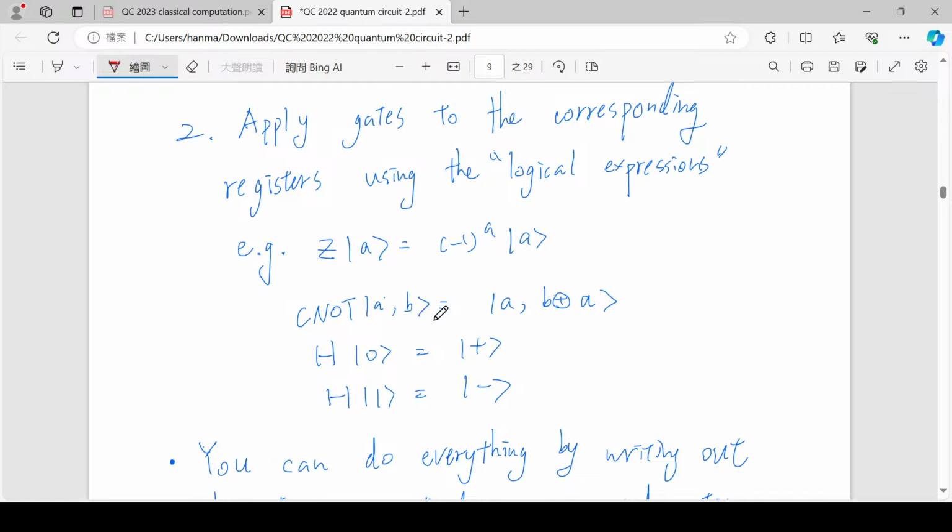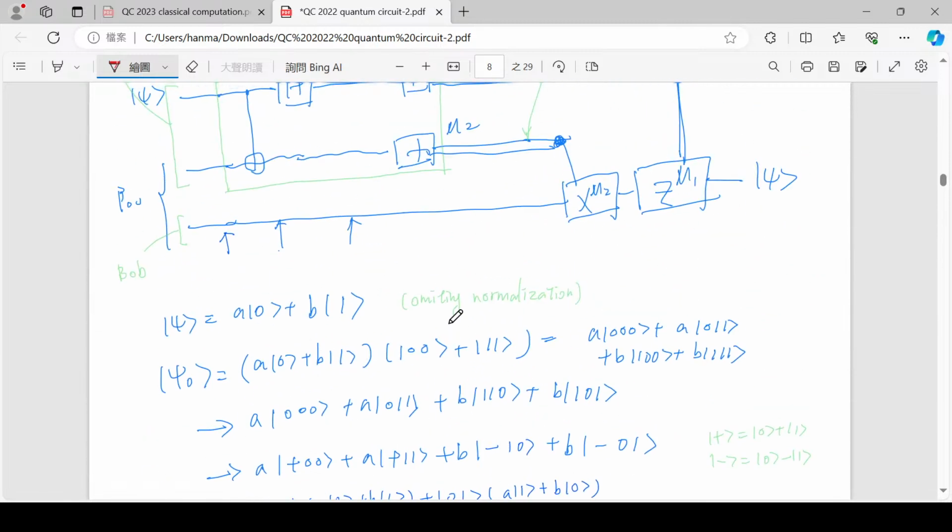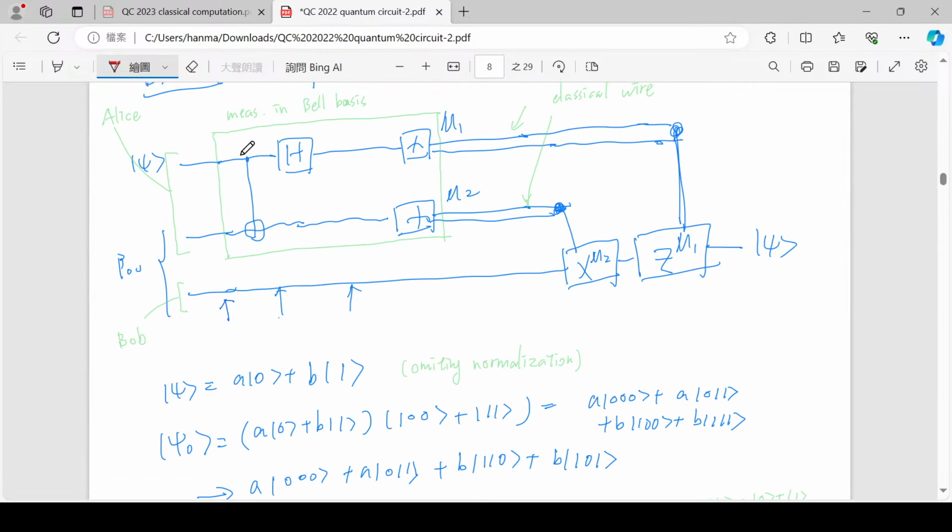I guess the C notation is actually a little ambiguous, because we didn't really say which is target and which is control. But in a circuit it's clear because we have the control and the target.